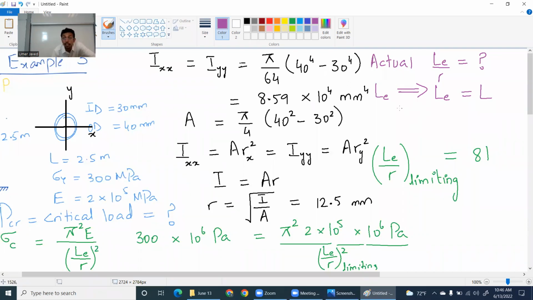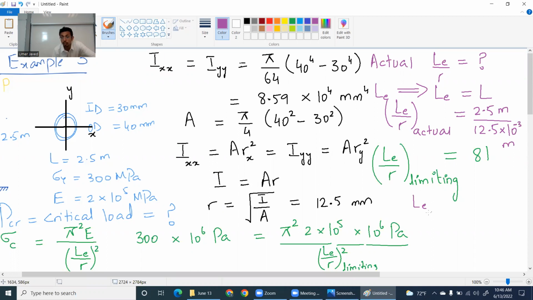Now, if LE is equal to L, then LE over R actual, why don't you tell me? It becomes equal to 2.5 meter divided by, what is the R value? 12.5 into 10 power minus 3 meter.